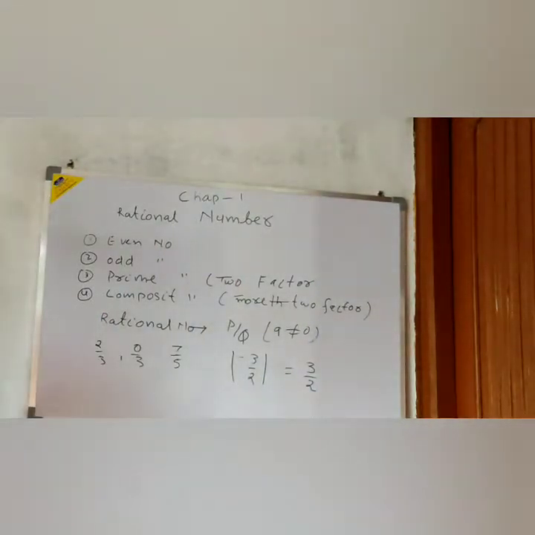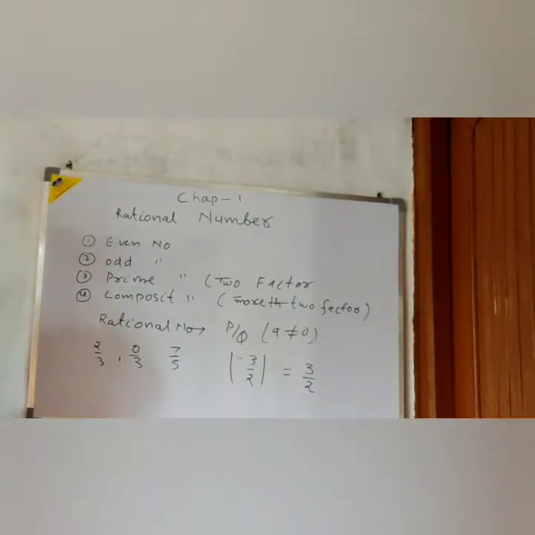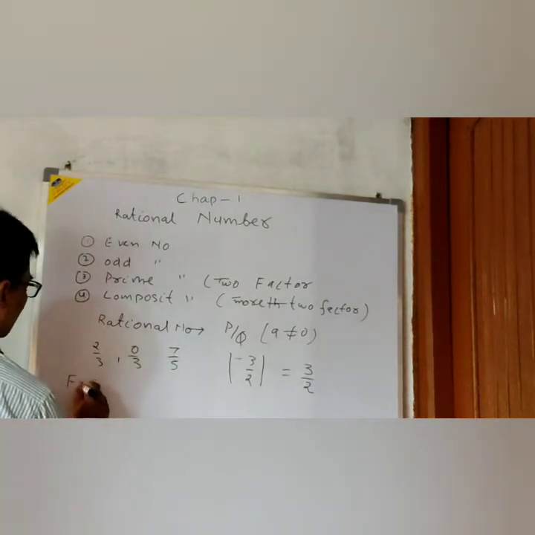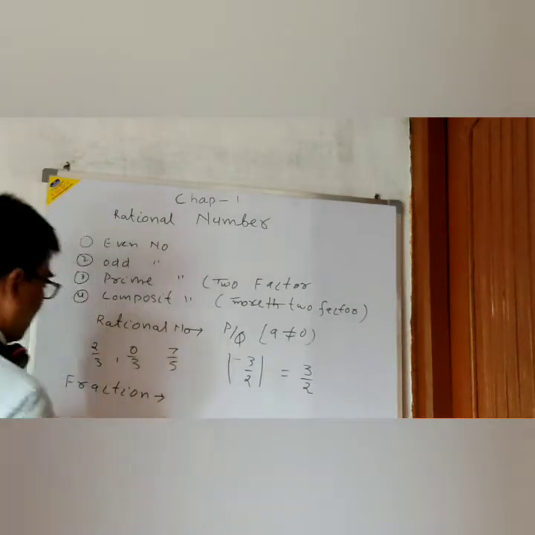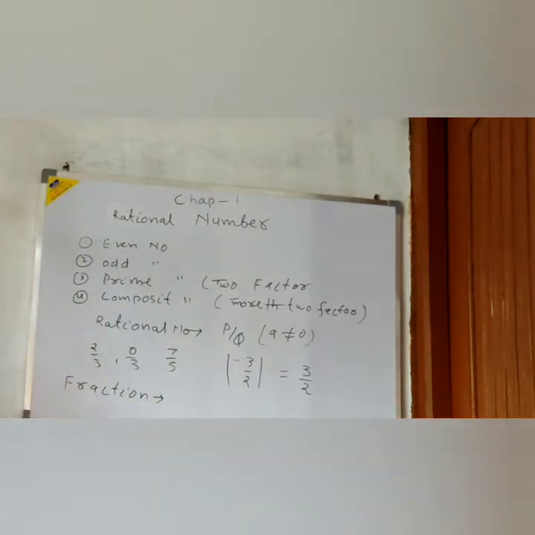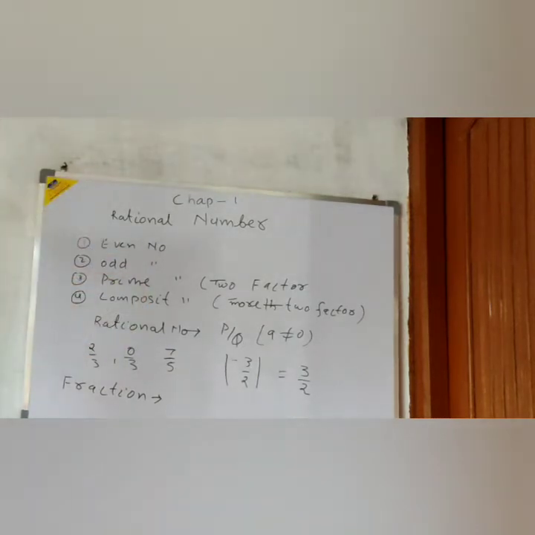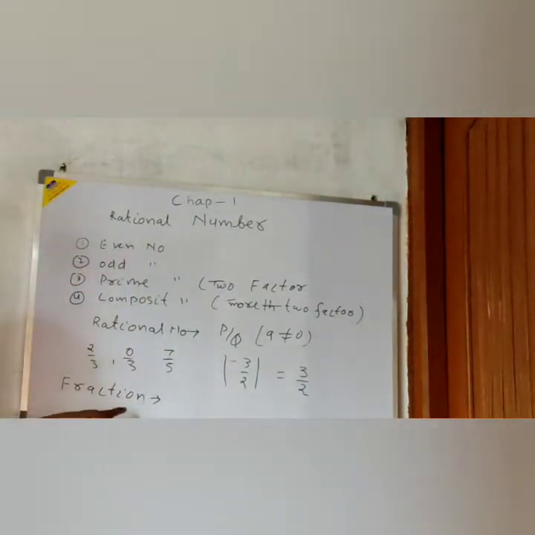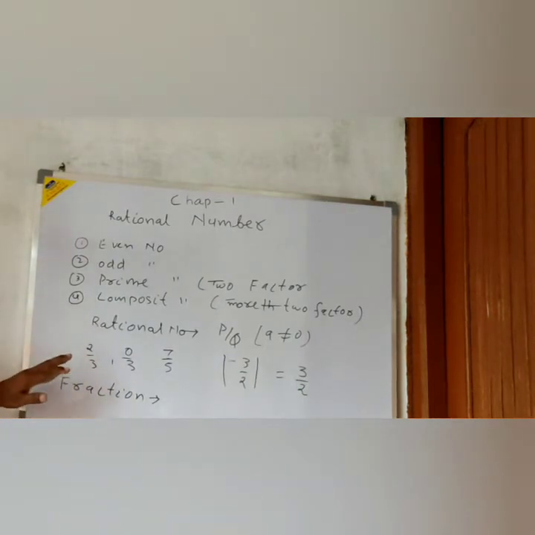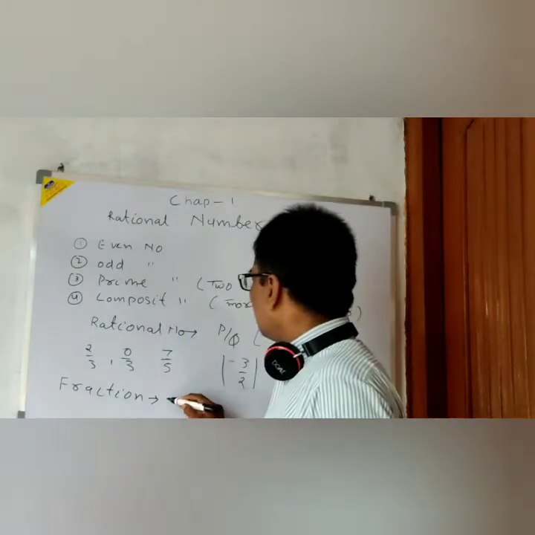Now you learn about fraction. It is very difficult to understand whether a fraction is a rational number or a rational number is a fraction, because every fraction is a rational number, but not every rational number is a fraction.